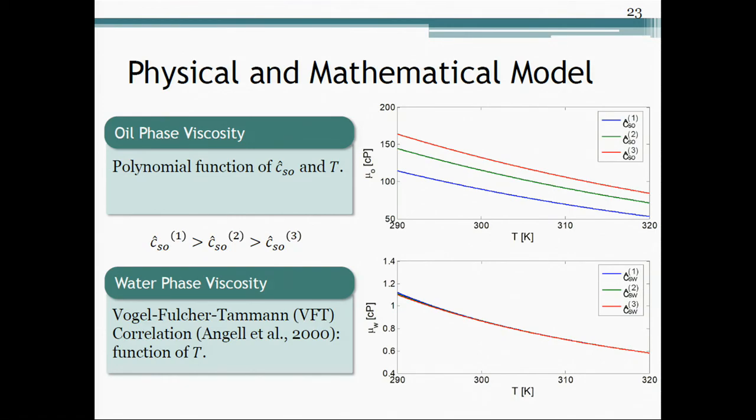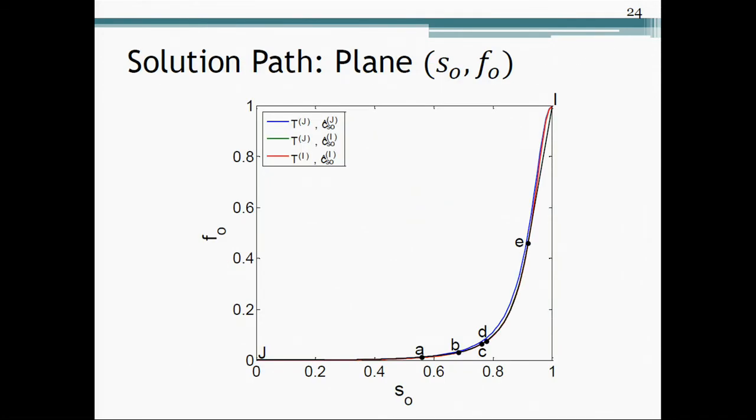Water viscosity. For the oil viscosity, that's the importance that I would like to stress, that there is an impact on the fractional flow function. We have the effects of the CO2 concentration and also temperature, right? Okay. It's not absolutely clear how to see, but there are three fractional flow functions.